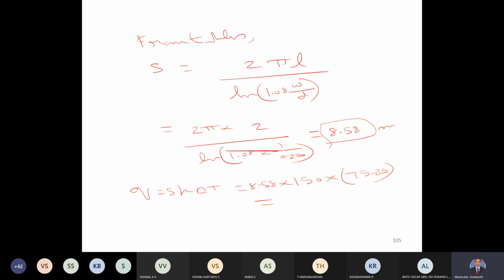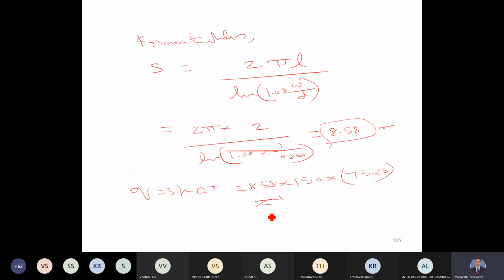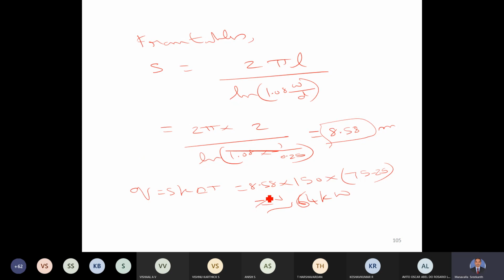This should give you the answer we have here, 64 kilowatts. If you use 8 in place of 8.58, you will get a slightly different answer. But since we now know that 8.58 is the correct one, that's what I used to find the heat transfer. It is 64 kilowatts.